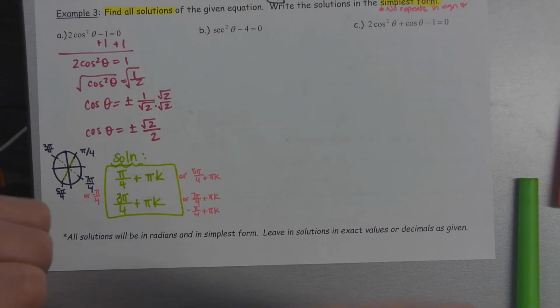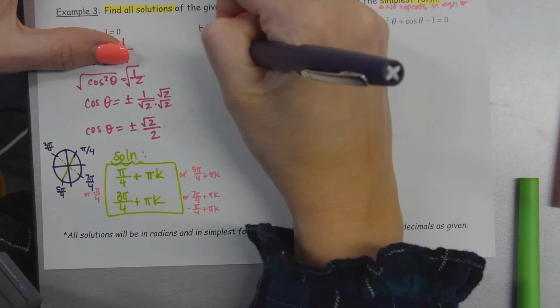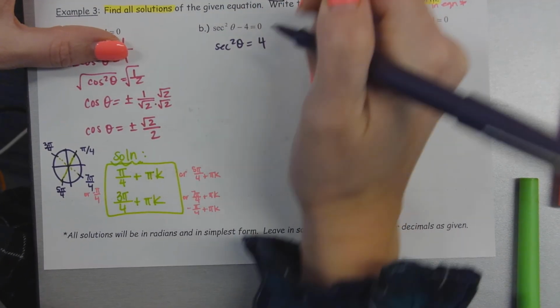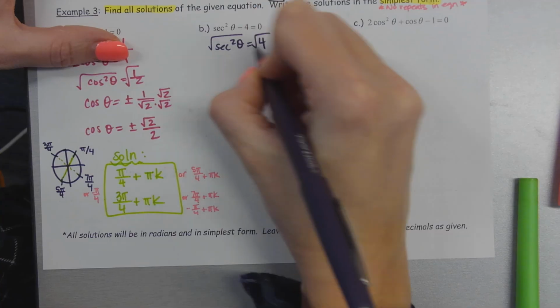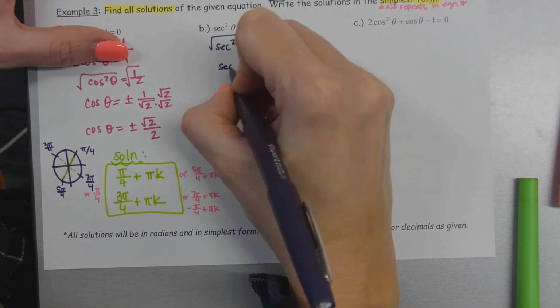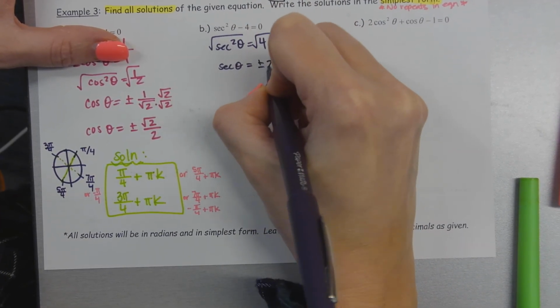Okay, so once you get there, the secant squared of theta equals 4. Remember, I need you to show the square root. Okay, and then that's going to be plus or minus 2.